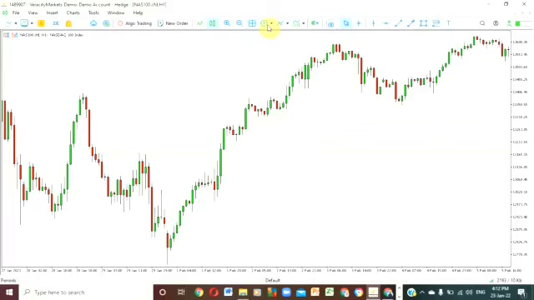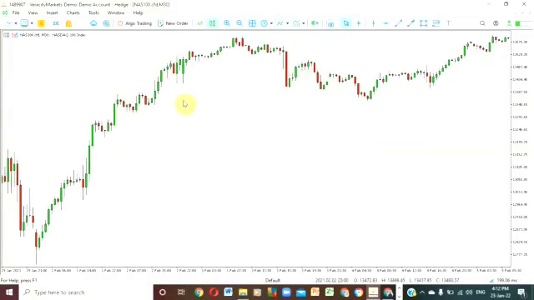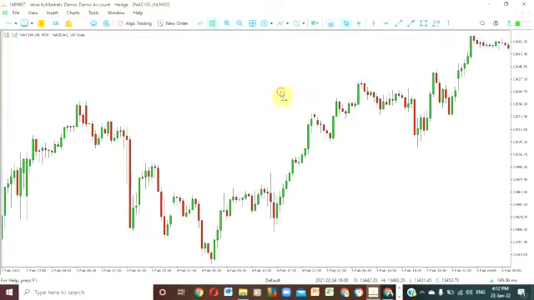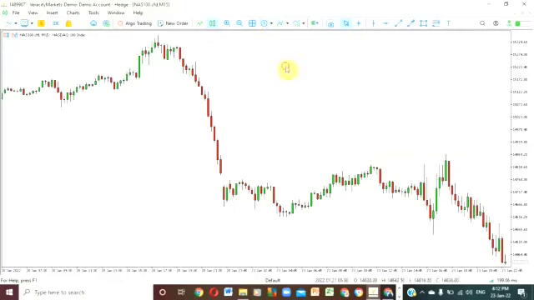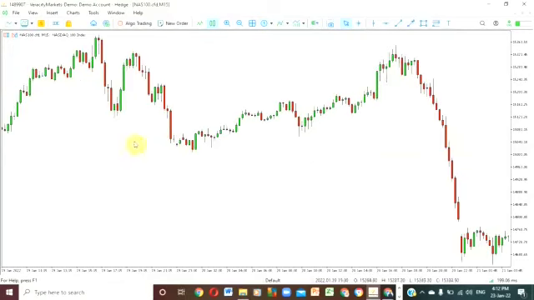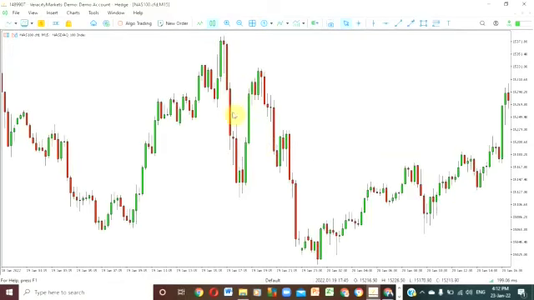And then we're going to go down to the 30-minute time frame. As you can see, the 30-minute time frame has even more candlesticks than the 1-hour time frame because in the 30-minute time frame, each candlestick represents 30 minutes of candlestick movements. And then we're going to go down to the 15-minute time frame. As you can see, there are even more candlesticks now because each candlestick represents 15 minutes of movement within that trading day.